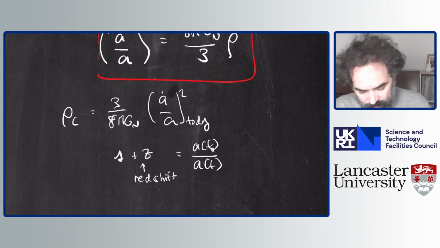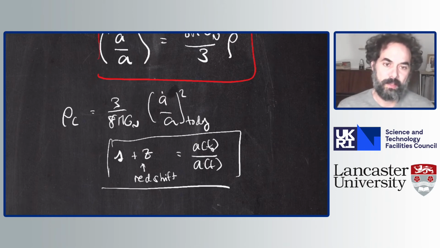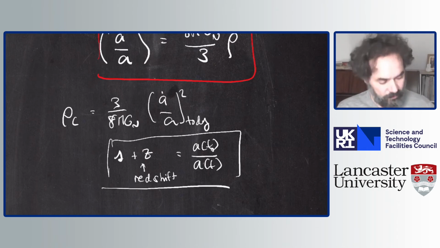This ratio is what is called redshift, and it has to do with the fact that light, in general relativity, also redshifts according to this quantity.